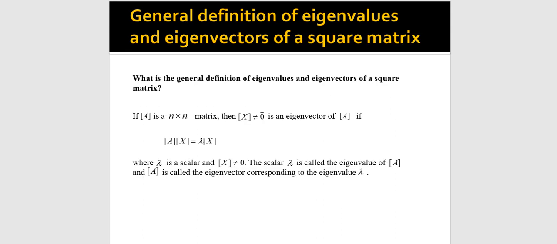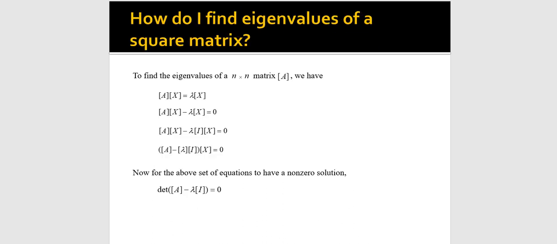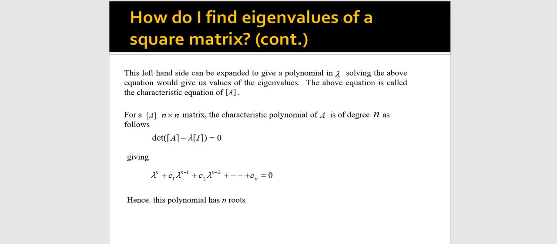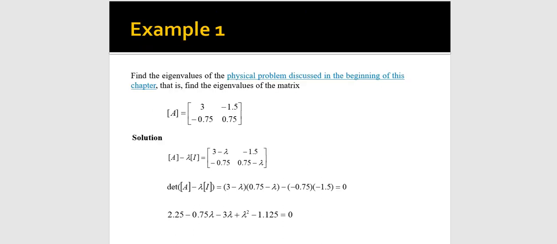Now, the general definition of eigenvalue and eigenvectors of an n cross n square matrix. How do we find the eigenvalues of a square matrix? Take the determinant and equate it with 0, as I said. So 3 minus lambda, 1, 5, and so on, this determinant equal to 0.